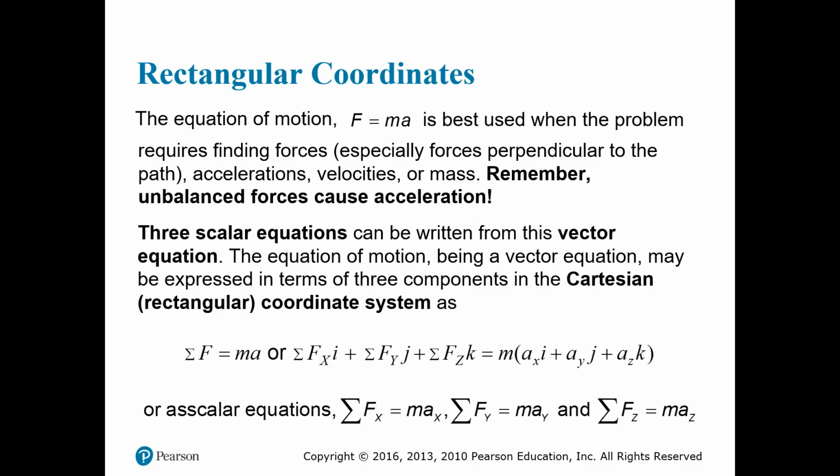The equation of motion, being a vector quantity, may be expressed in terms of the components, as you are familiar, x, y, and z, or the scalar forms. Each one of those can be written as: all of the forces in one direction, plus all of the forces in the other direction, plus all of the forces in the third direction, because it's a 3D environment, equals the mass multiplied by each one of the components of the acceleration in x, y, and z.